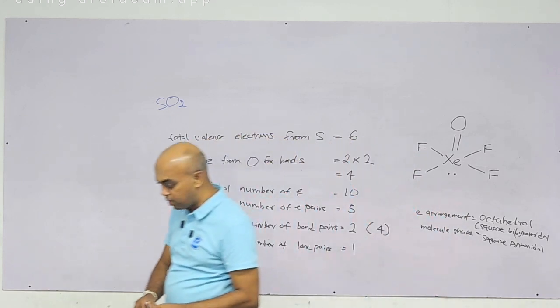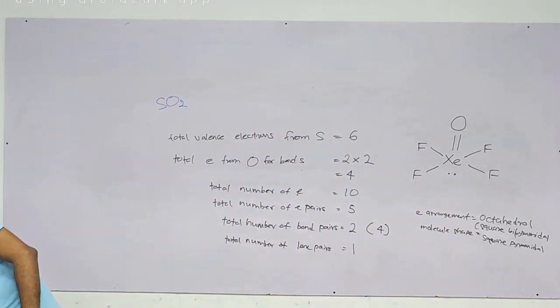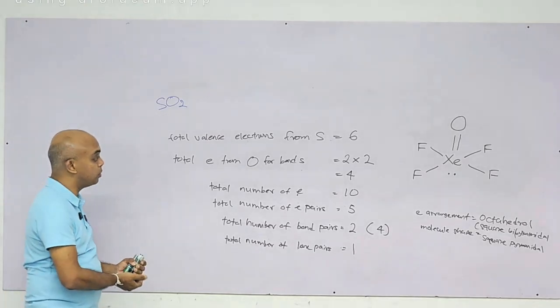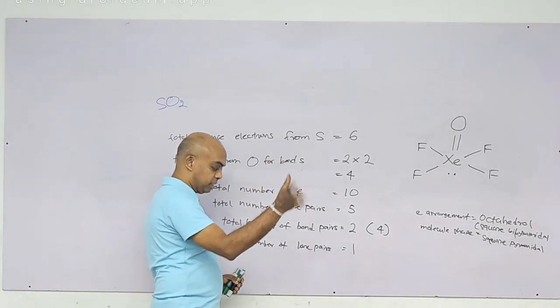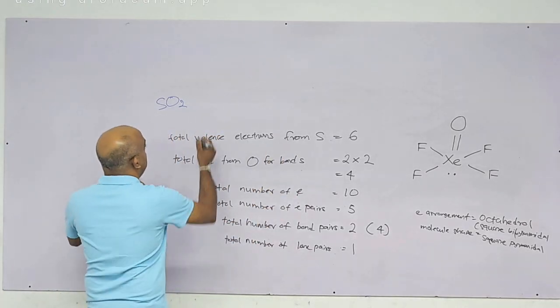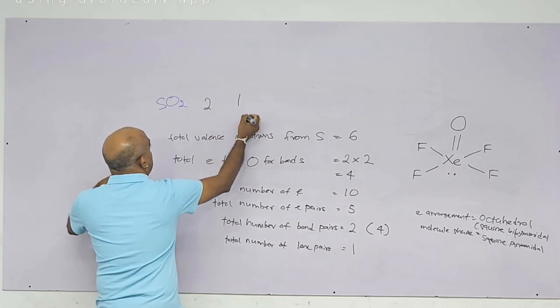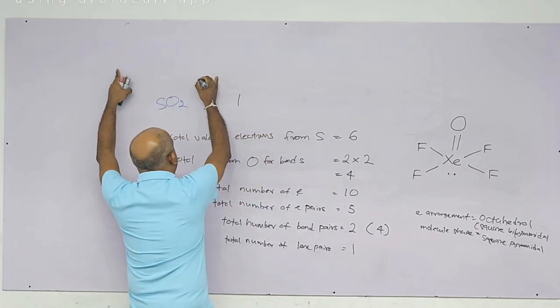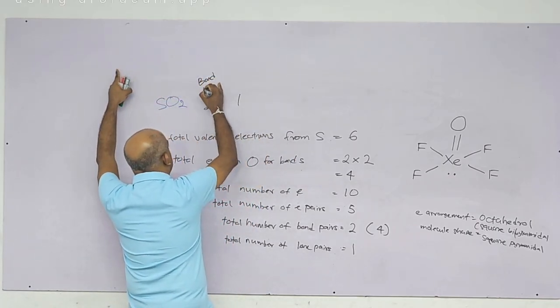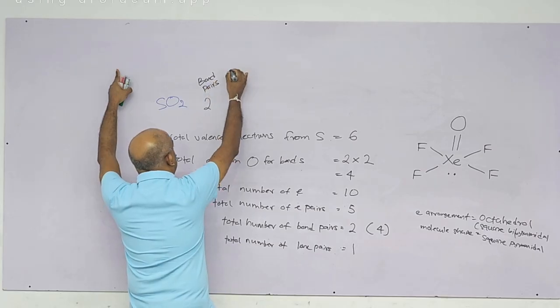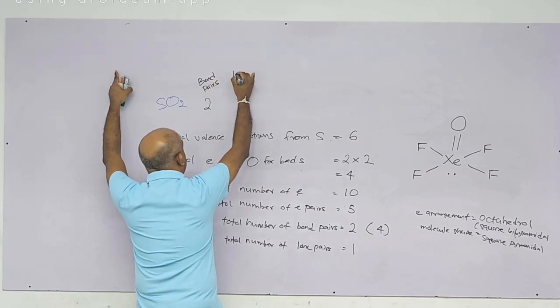Where SO2 is in the table, take 2 1. This is bond pairs. This is lone pairs.